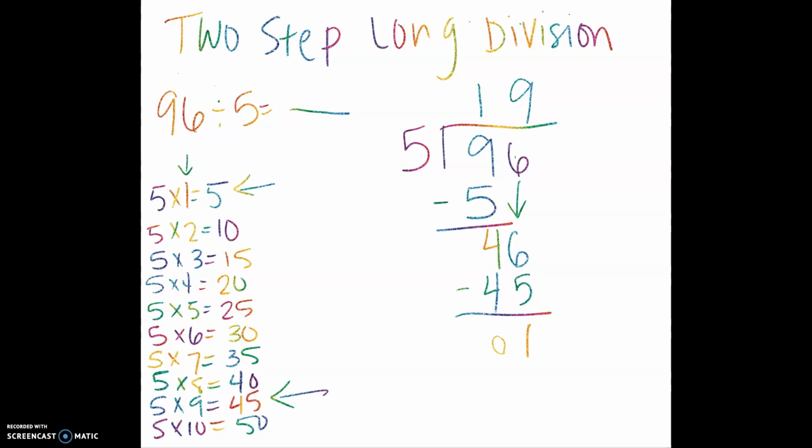I do not have any more numbers that I need to pull down. Not now. You'll probably have more numbers when you're older, but not right now. So, I have a remainder of 1, which I'm going to write up here with an R and a 1. On my answer line, I'm going to write that my answer is 9 with a remainder of 1.